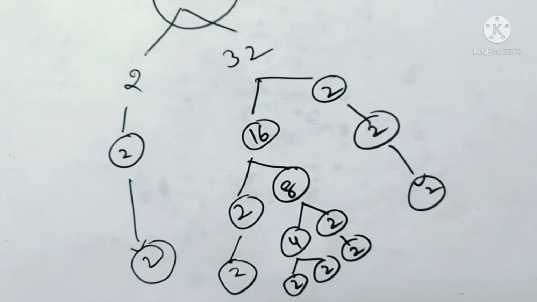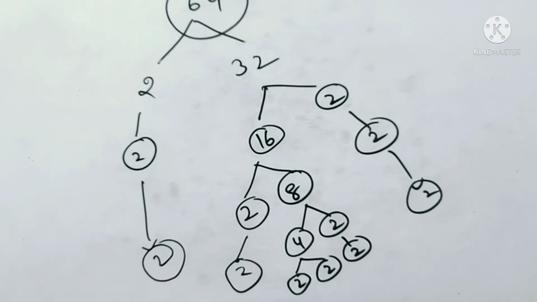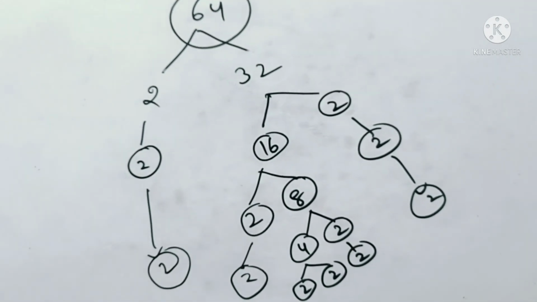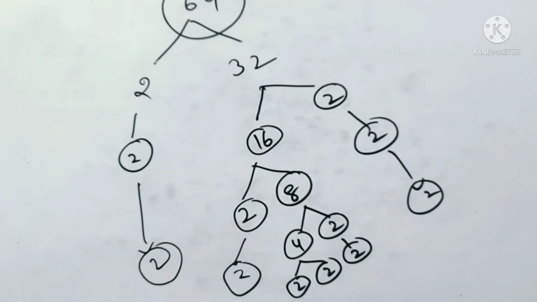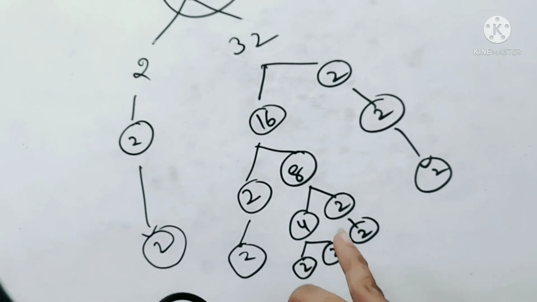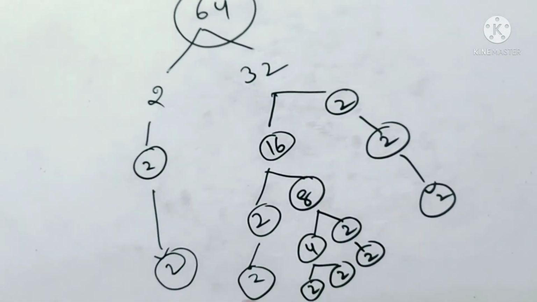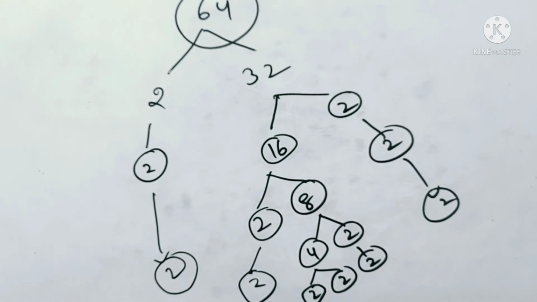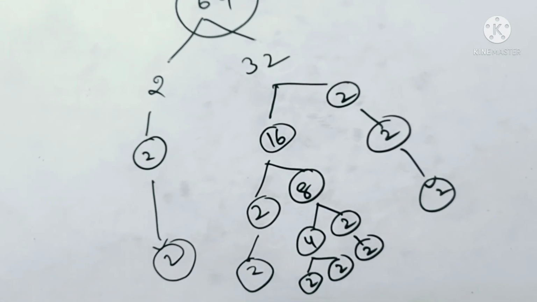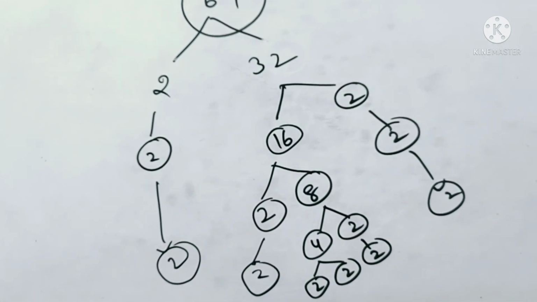So this is the complete factor tree of 64 in the other way, if you want to go ahead with this one. Both the methods are correct. Finally you are going to get all the factors same, because at the end we are getting 2 into 2 into 2 into 2 into 2 into 2, which is the same as the previous example. So with this, I'll end my session because my 5 examples are completed.